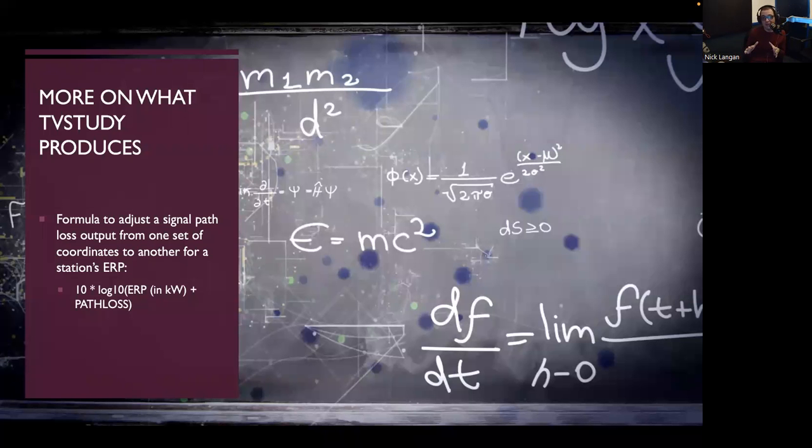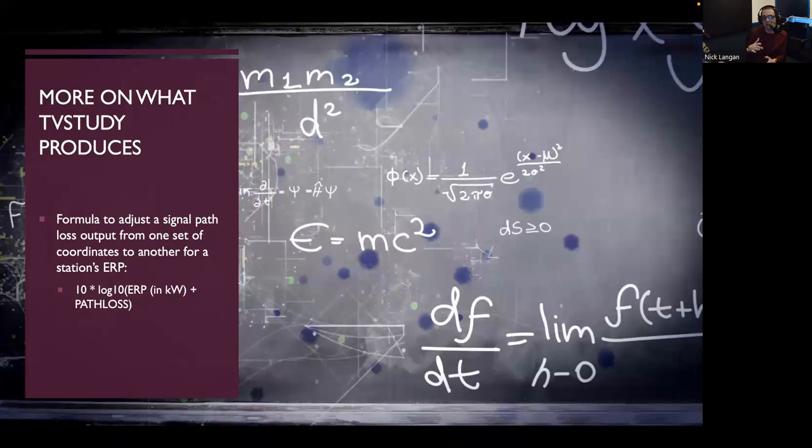So TV study, just to get back to that value that I was delighted using Longley-Rice to be able to produce out of it. It produces signal path loss from one location to another, transmitter to receiver, and you're inputting a frequency, you're inputting transmit AMSL and receiver height above ground level.